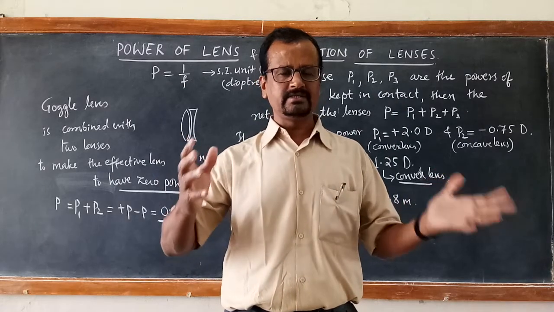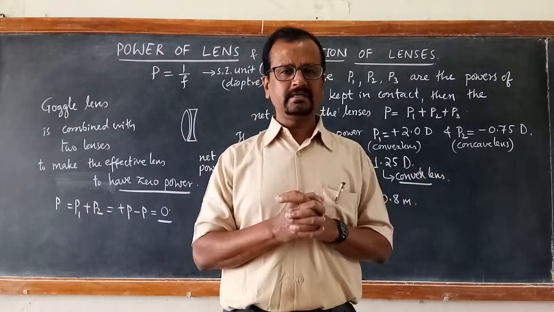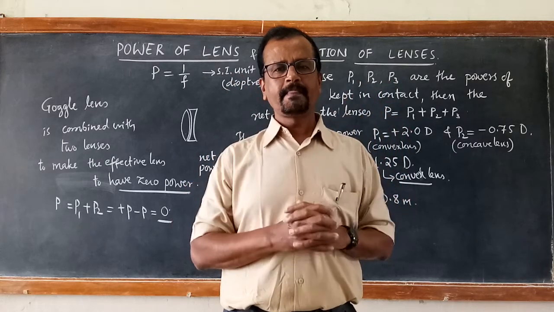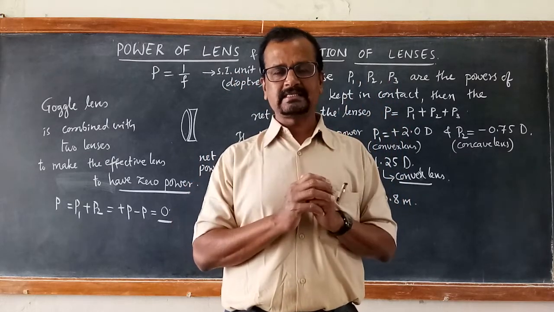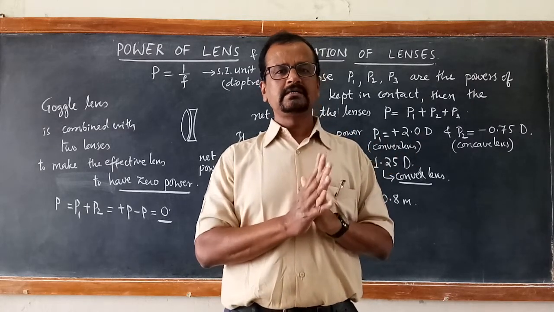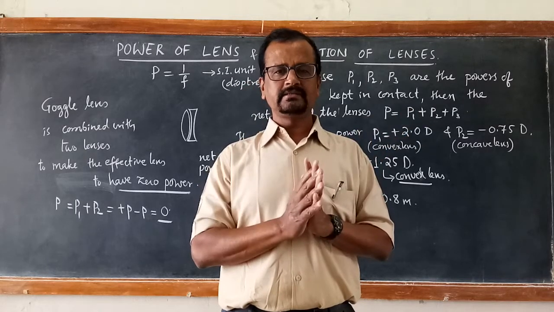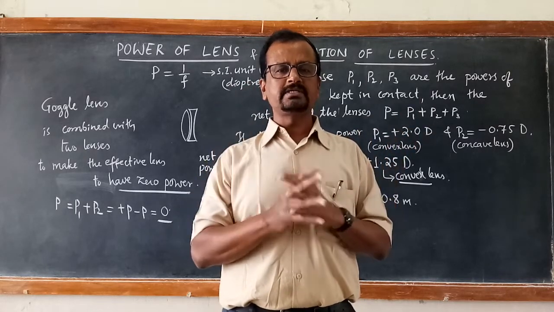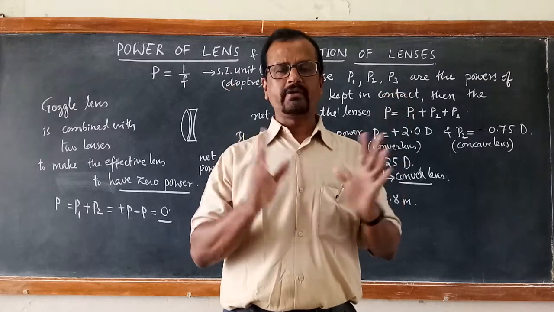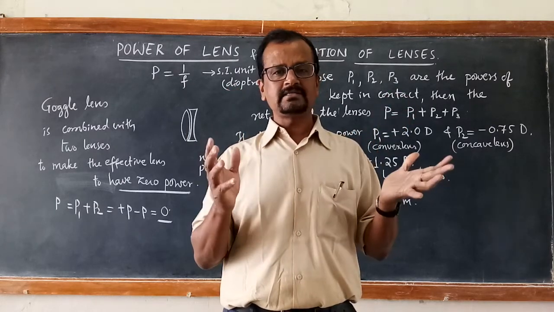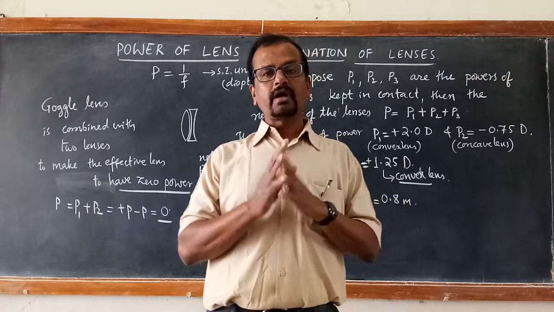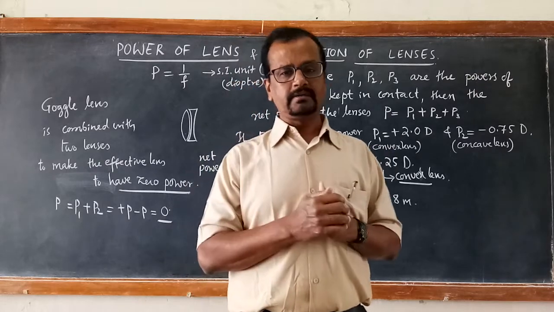So definitely the lens which is having plus 40 centimeter is having positive focal length, therefore it is a convex lens, converging lens. Another lens is having minus 20 centimeter focal length, which implies that it is a concave lens, diverging lens. You are asked to find out what is their power.